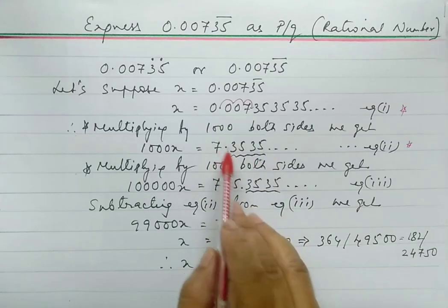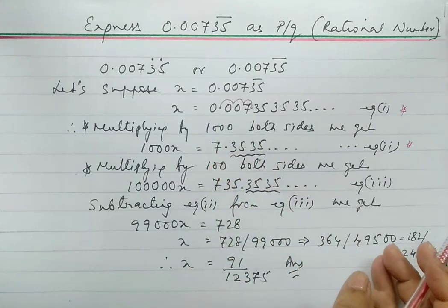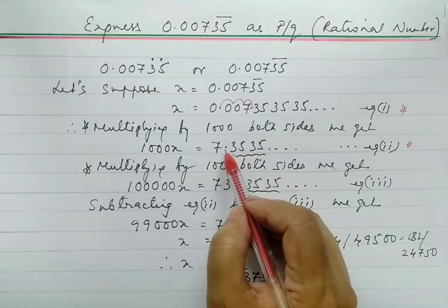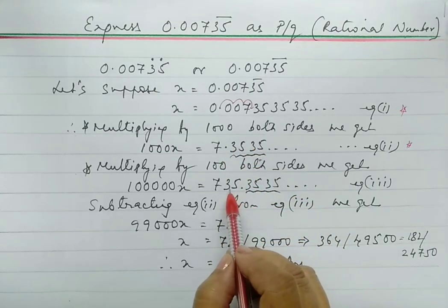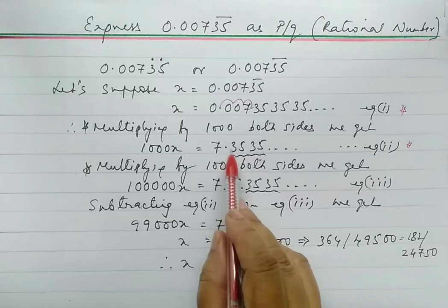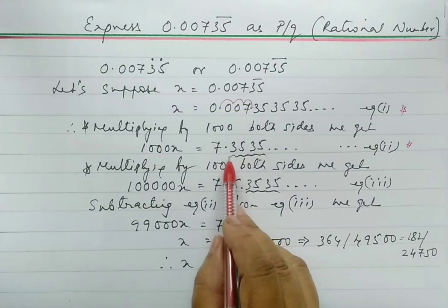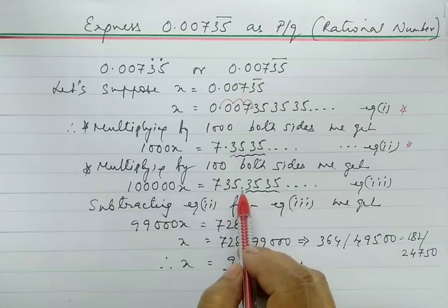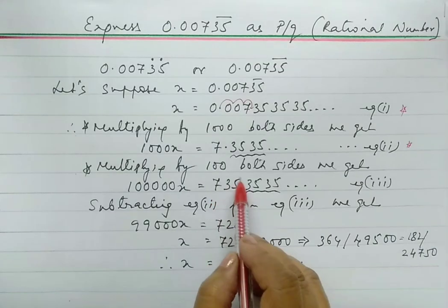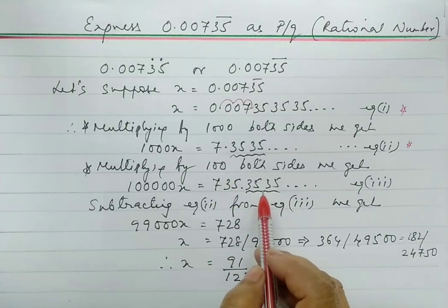You will multiply this by 100 as well. So as a result, now this is going to shift further and bring 35 to the left hand side of the decimal point, because this is a whole number now.